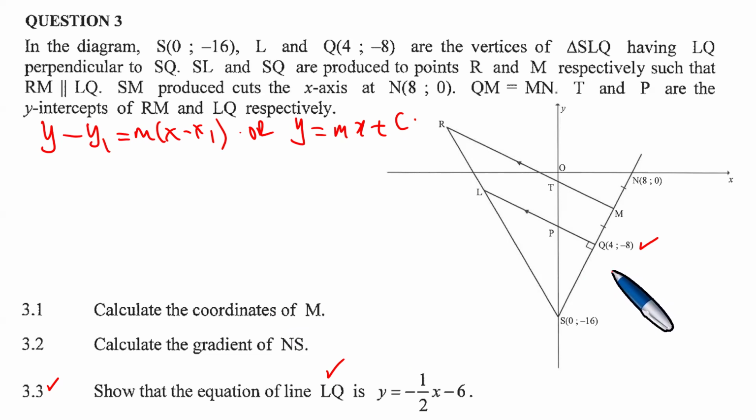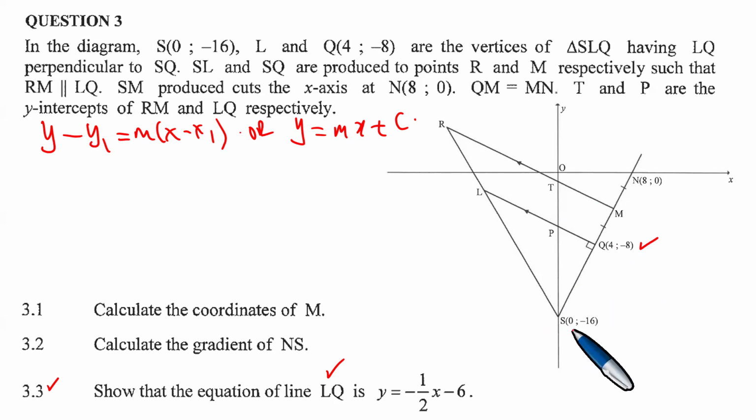We then decide to determine the gradient of a perpendicular line to the line LQ. We can choose the line SQ.